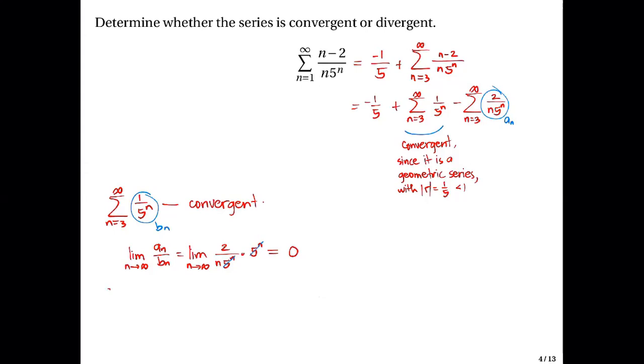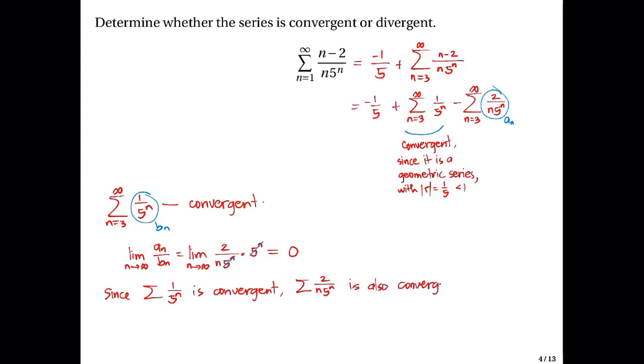So since the series 1 over 5 to the n is convergent, so is the series 2 over n 5 to the n also convergent.